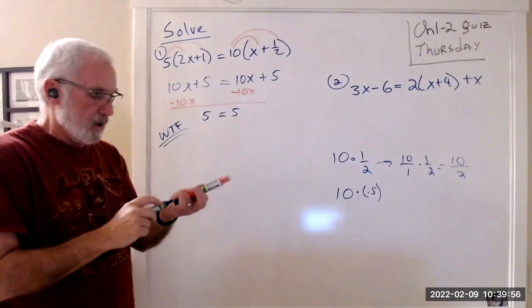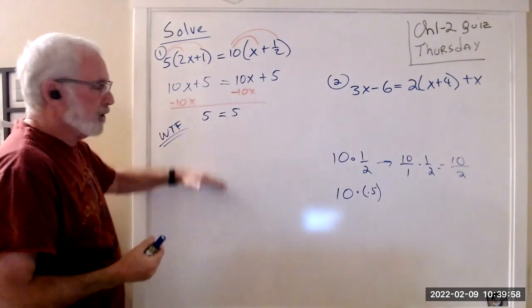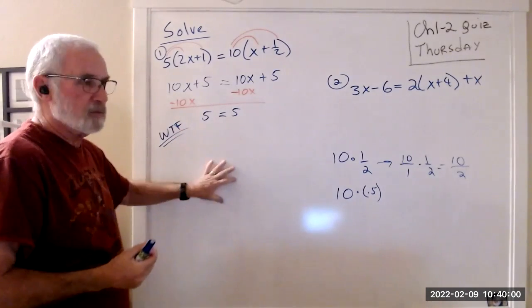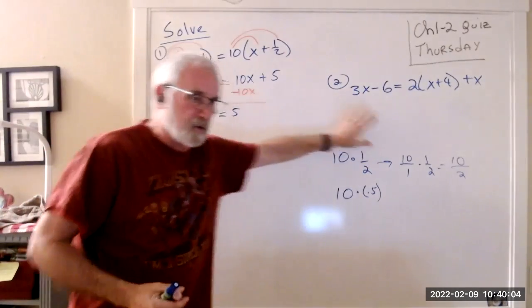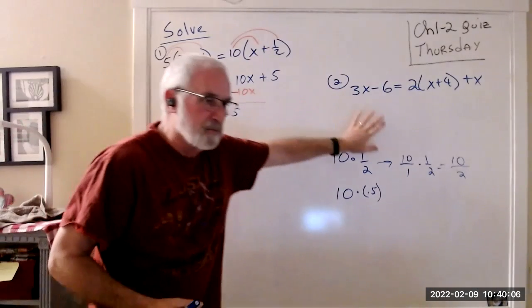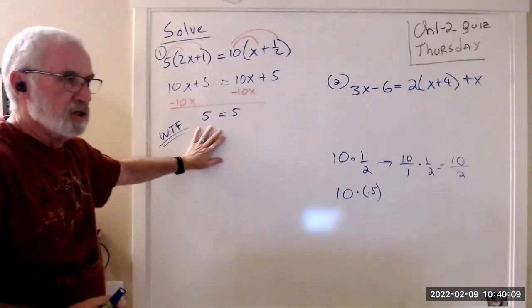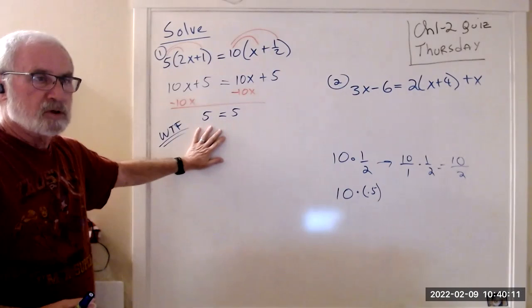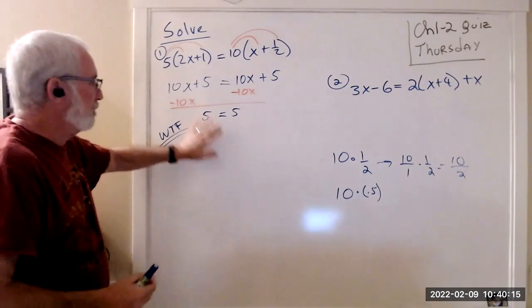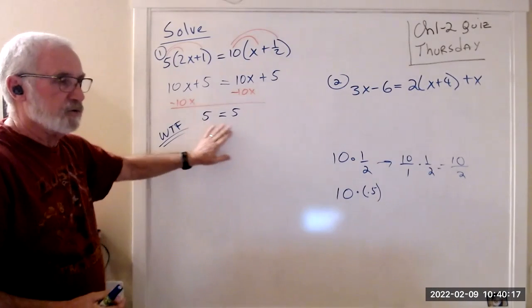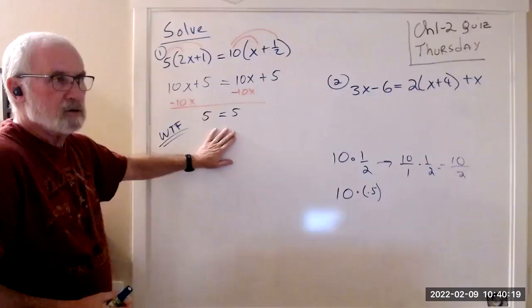Okay, now leave some room here if you're copying my work. Leave some room because I want to come over and work on this one, because it's really important that we compare and contrast these two problems because they're closely related to each other. So I'm going to pause right here. 5 equals 5. The variable dropped out.